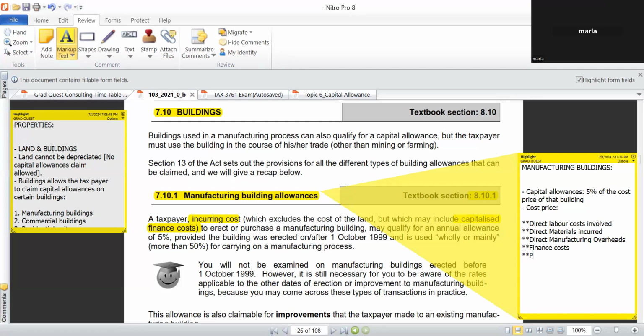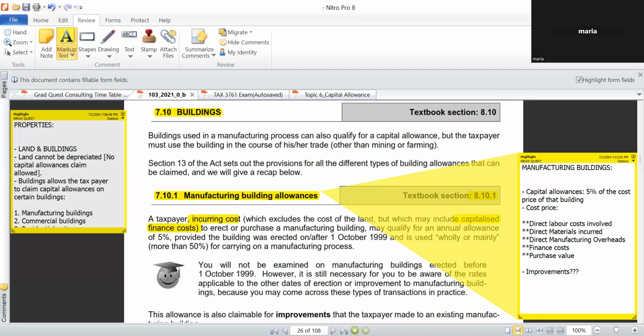Sometimes they can just give you a direct purchase value of the building to say the building was acquired for this X amount of money. Then you would take that value and multiply it by 5% in order to get the capital allowances on the manufacturing building in question. Now, the question then comes, what if we have improvements?